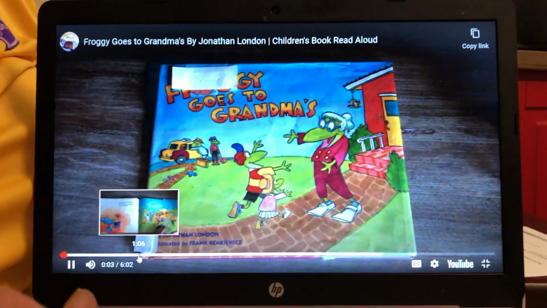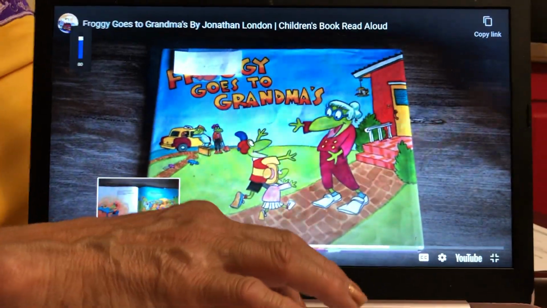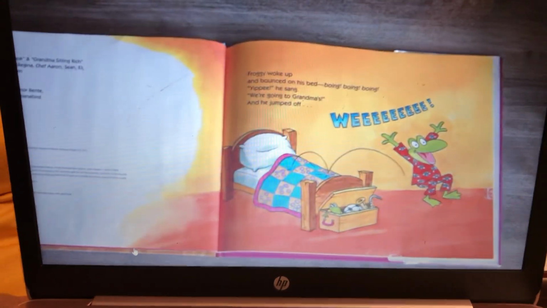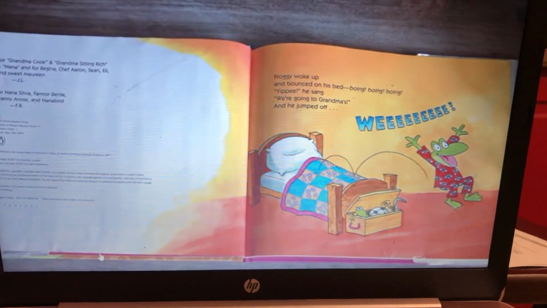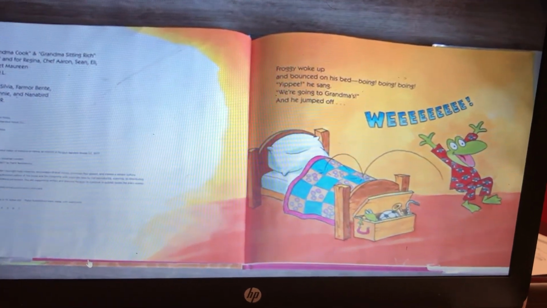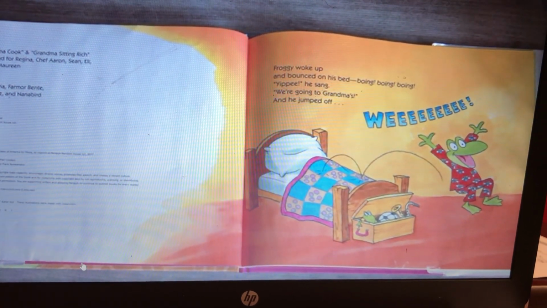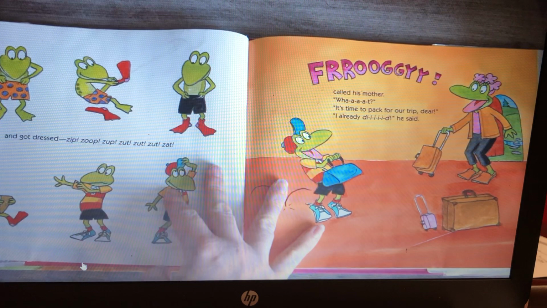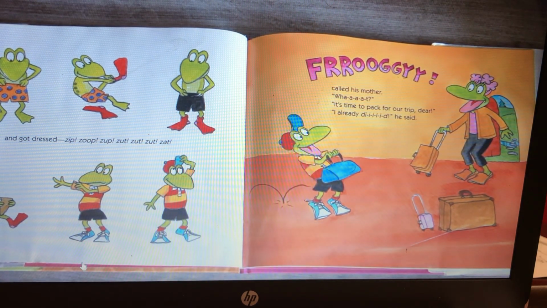Froggy Goes to Grandma's by Jonathan London. Froggy woke up and bounced on his bed. Boing, boing, boing. Yippee, he sang. We're going to Grandma's. And he jumped off. Whee! And he got dressed.